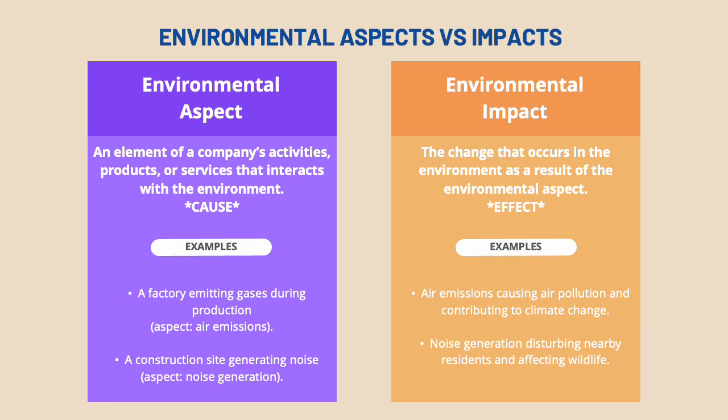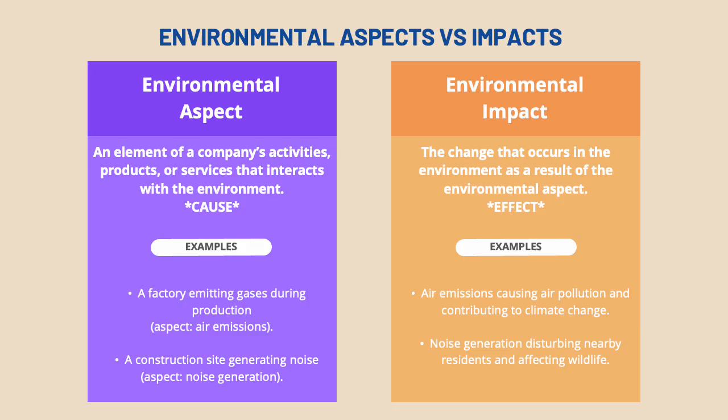Now let us see, on the other hand, what the impacts are. Impacts represent the change that occurs in the environment as a result of the aspect. So they are the effects. Let me also give examples. An emission from the factory causes air pollution, contributing to climate change.